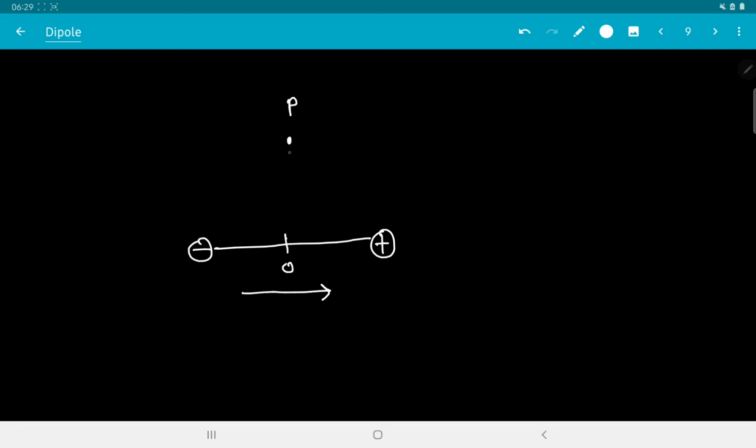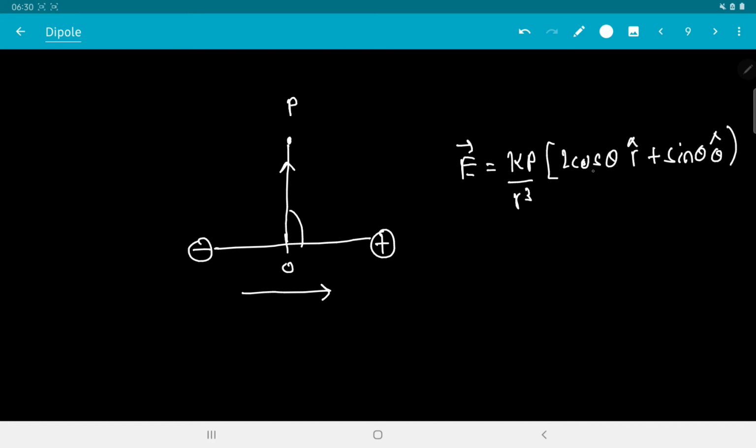The angle with this position vector is 90. So if we apply E is equal to Kp by r cube, 2 cos theta r cap plus sin theta theta cap, this term is going to become 0. What will be left is just Kp by r cube in theta cap direction.